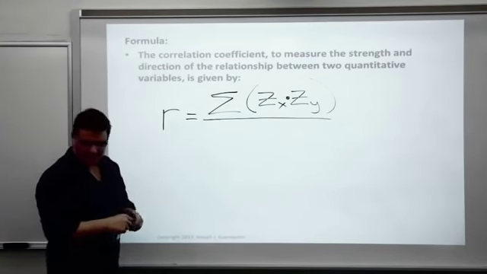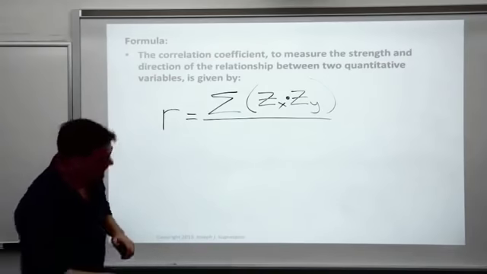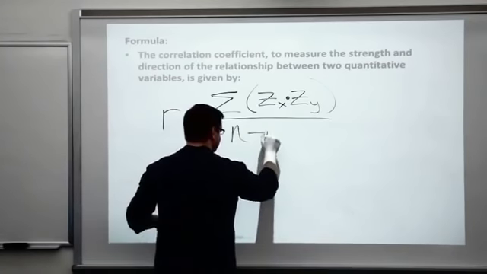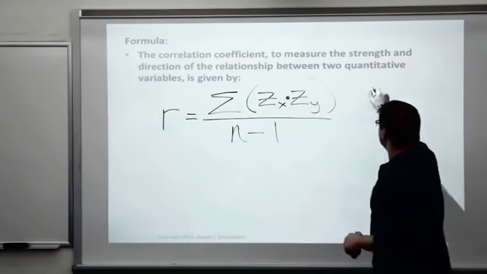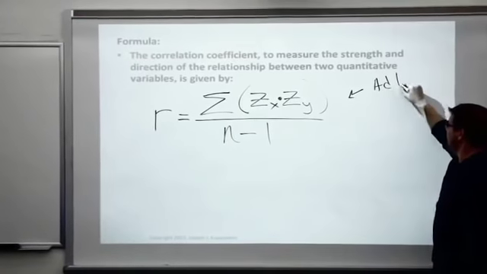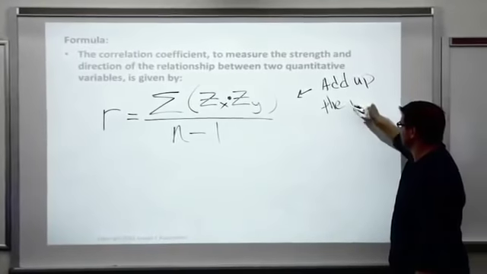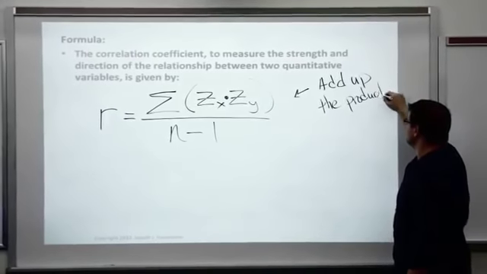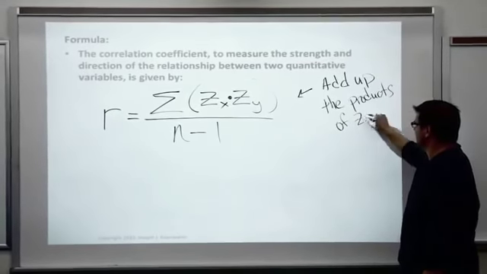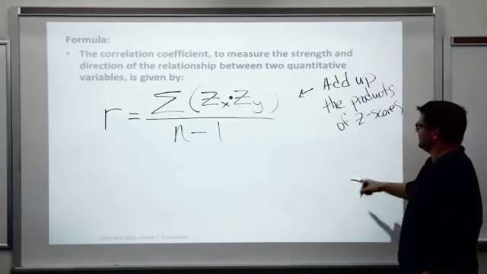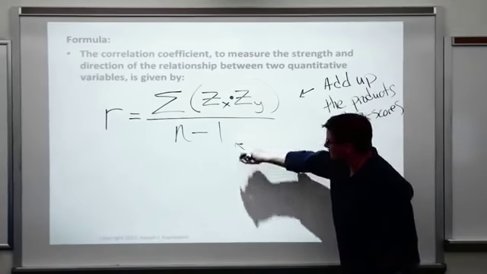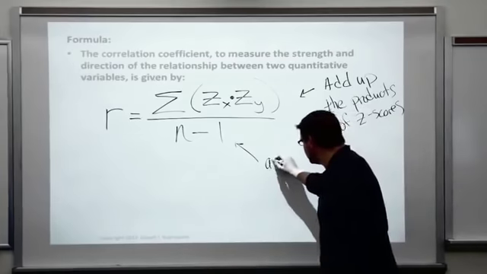Now I'll average them out. I have to even check because I rarely use this formula. Okay, it's n minus 1. Just notate what this is. This is add up products of the z-scores. And this is the, quote, average them out part.